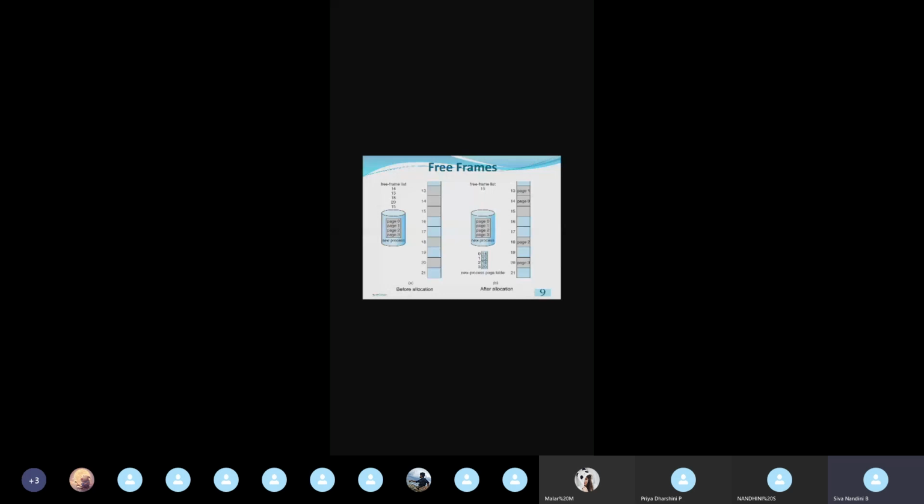That new process will be in logical memory. After allocating, in the free frame list we have one free frame left, that is frame 15. Likewise, we keep track of all the free frames in the physical memory, so that if a new process comes with some pages, it can be allocated in the memory.